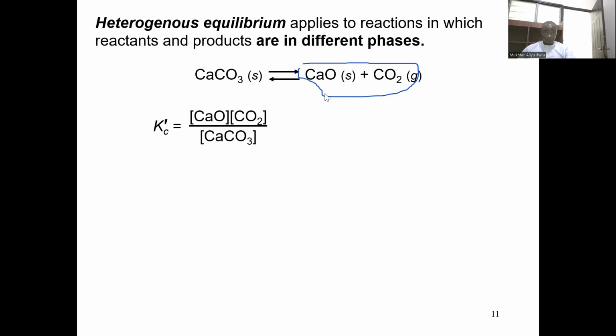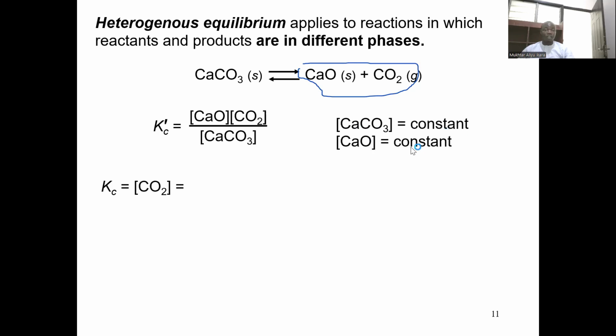Because calcium oxide is solid, it is constant. Calcium carbonate is solid, so it's constant, and calcium oxide is also a constant. So therefore, at the end, we have our Kc only by considering CO2.